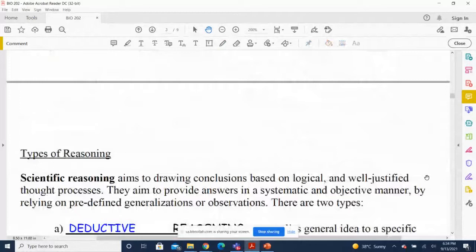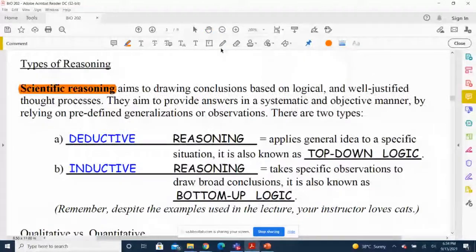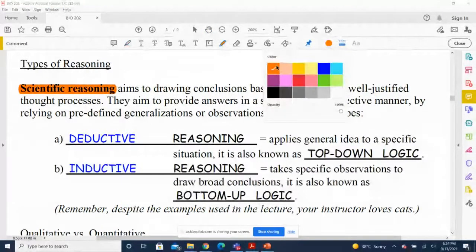Then we talked about these scientific reasoning processes, and we saw that the scientific reasoning really aimed to draw conclusions, but do that in a way that's very systematic, very logical, that's following good practices.